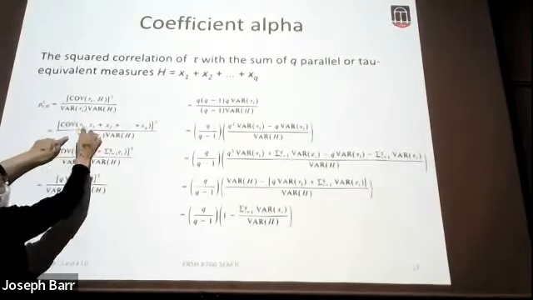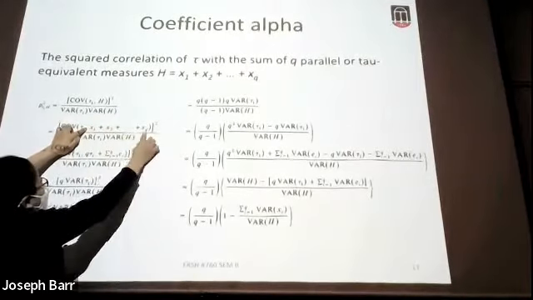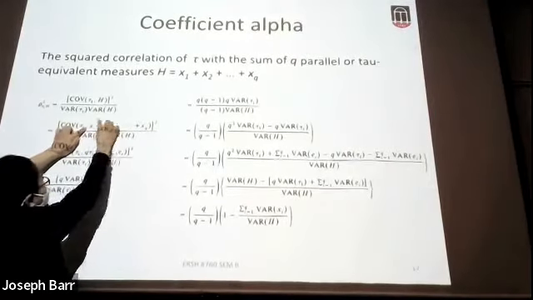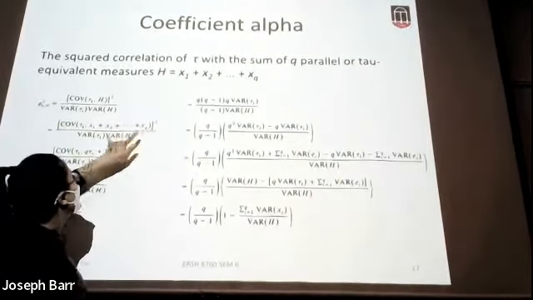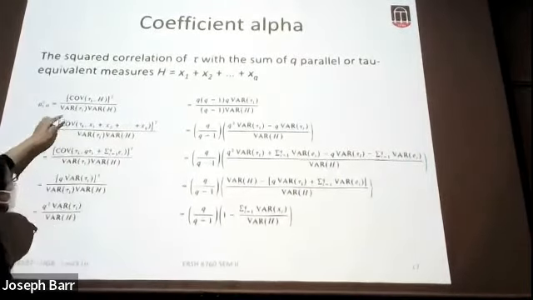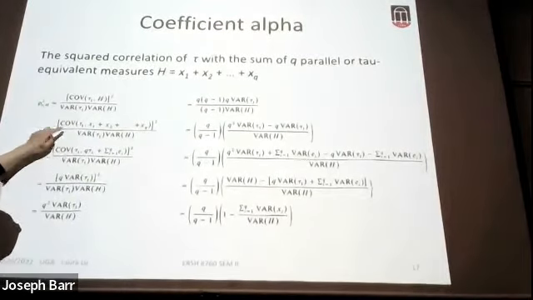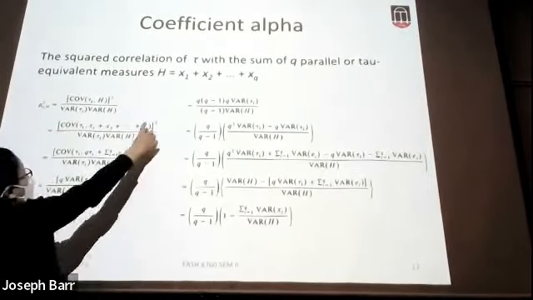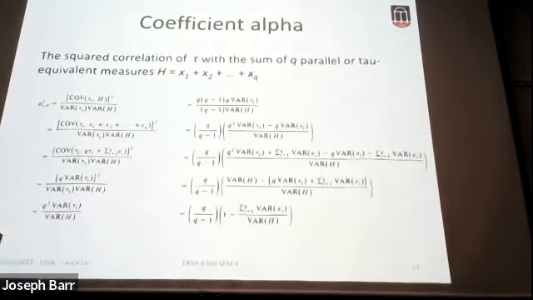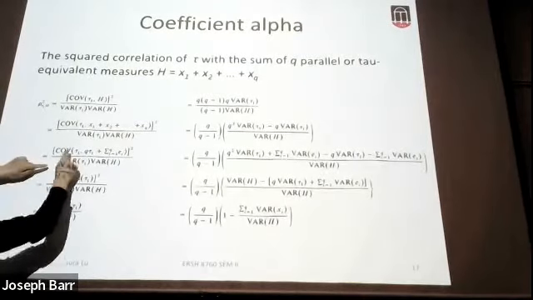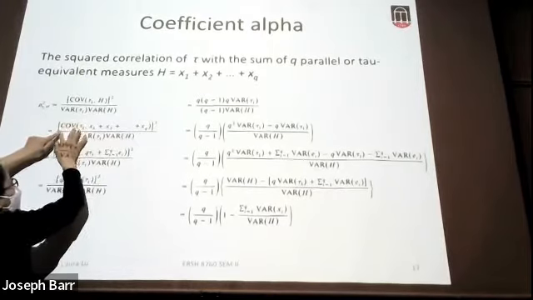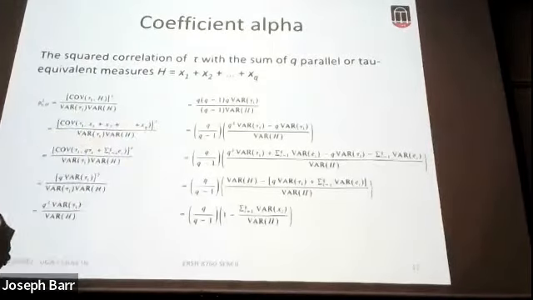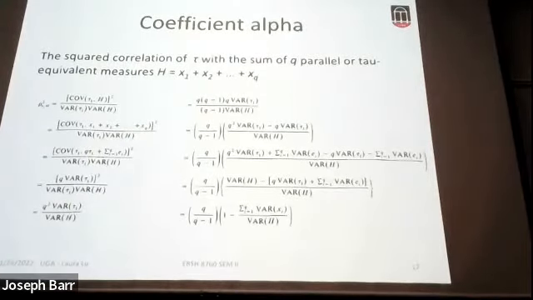And then H is the sum of all Q items, x1 plus x2 up to xq. This is H. And this is just an explanation of the previous form, tau the true score, and the variance part. Now, next step, from here to here, we're trying to expand this form, the covariance between tau and all of these items, 10 items.